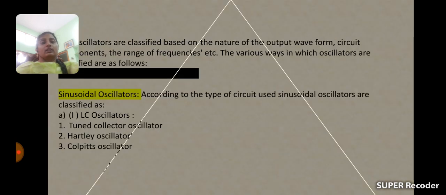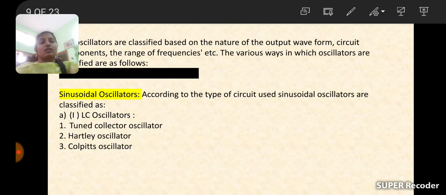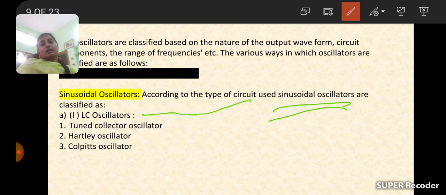So see here, in LC oscillators, according to the type of circuit used or according to the waveform produced, the first one is LC oscillators. In an LC oscillator, the tank circuit is made with an inductor and a capacitor. If it is made with a single inductor and a single capacitor, then the circuit is called a tuned collector oscillator.